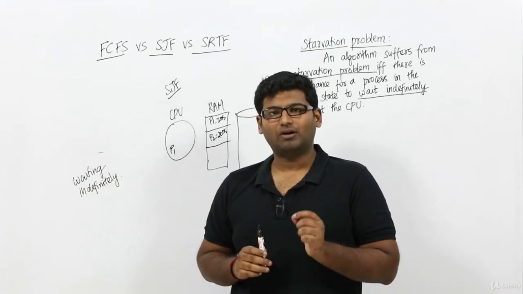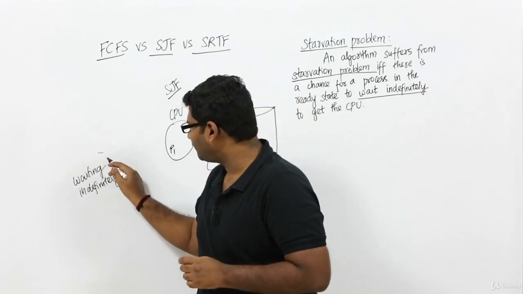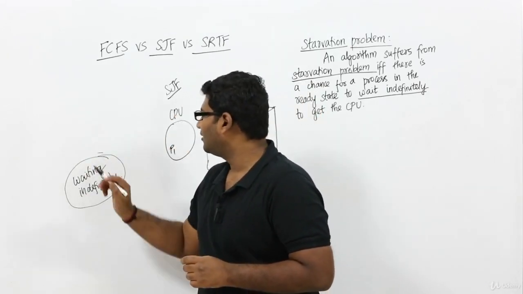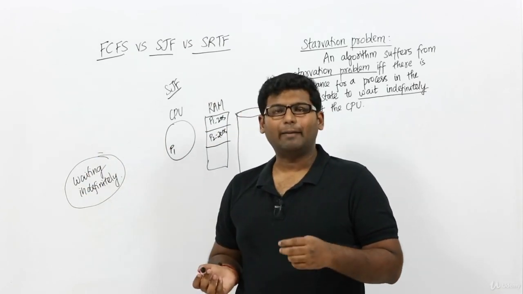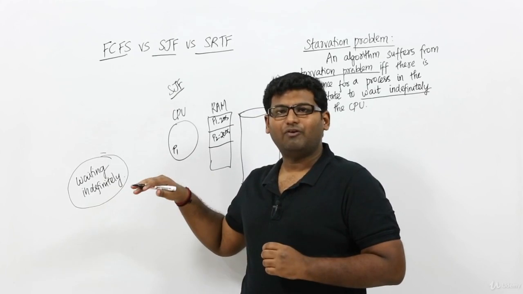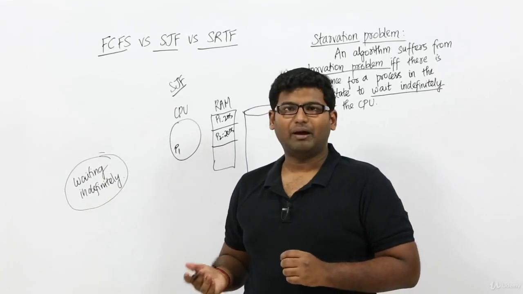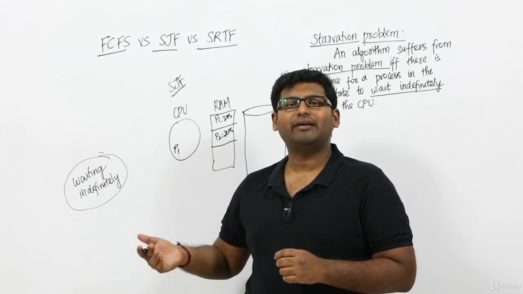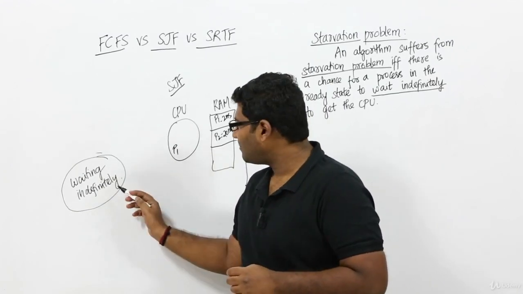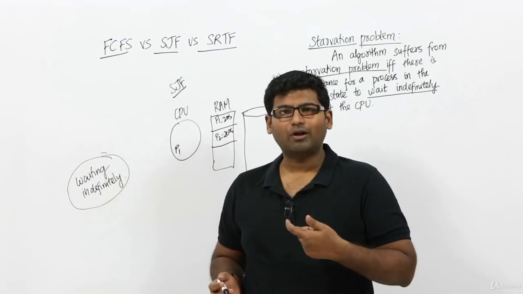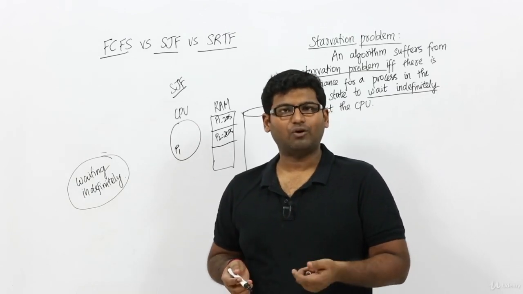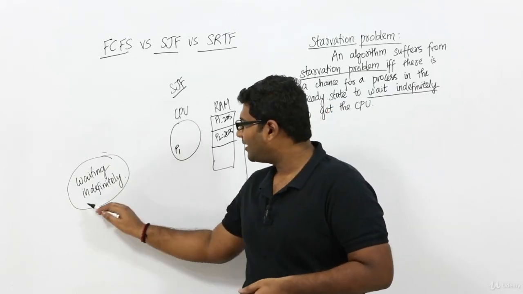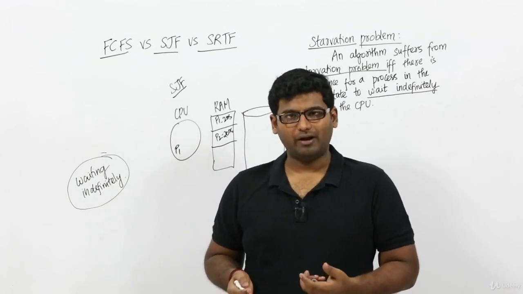Such things we say as waiting indefinitely, which means there is no upper bound on the time for which I might have to wait. My waiting time might keep on increasing. That is what we mean by indefinite, something you are not very sure about. Definite means something you are very sure about, whereas indefinite means something you are not very sure about, right?